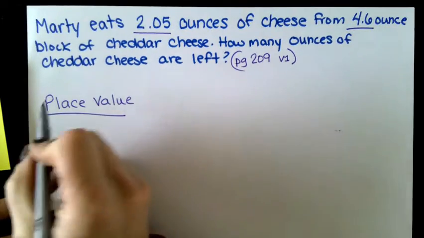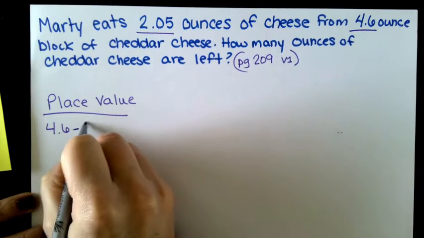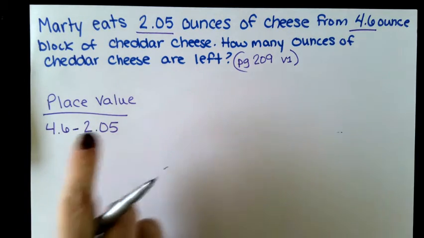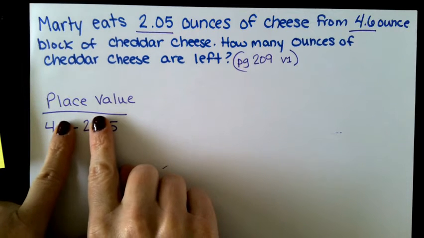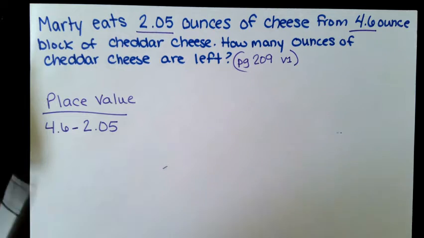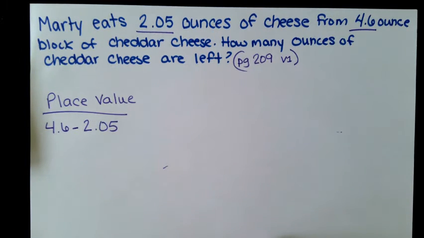So 4.6 is my larger decimal minus 2 and 500ths. Even though the 5 is in the hundredths place value, remember when we compare decimals, you need to look at your first place value, which is your 4 and your 2, and you see that your ones place is larger in the 4.6 or 4 and 6/10.